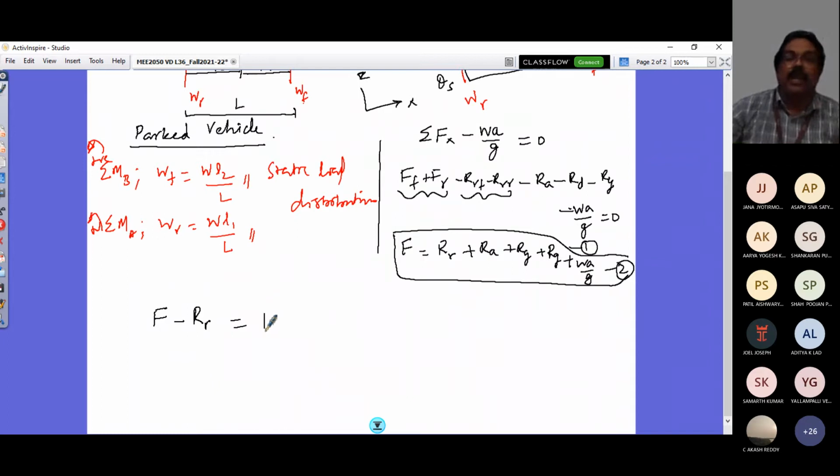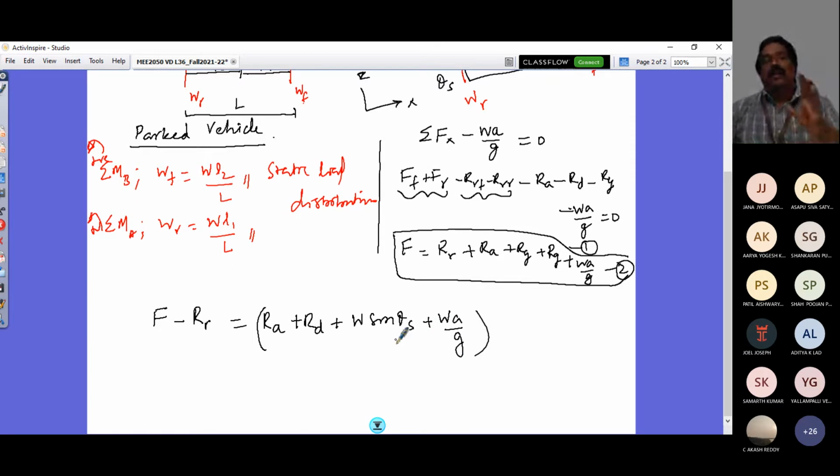First the aerodynamic force, then my drawbar pull, then the grade resistance, that would be W sine theta, plus WA by G. Let's call these all the resistances, and to overcome them and have motion, you have on this side your net tractive force. Let's call this equation number 3.